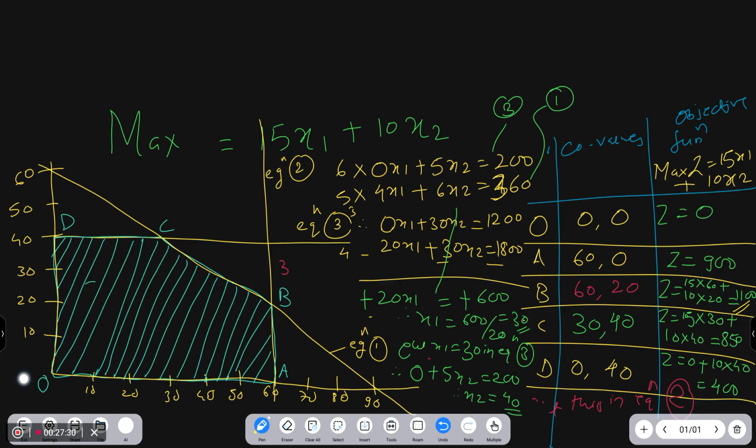In the obtained solution, the maximum Z value is obtained at extreme point B, (60, 20).